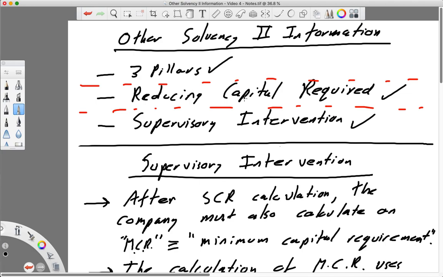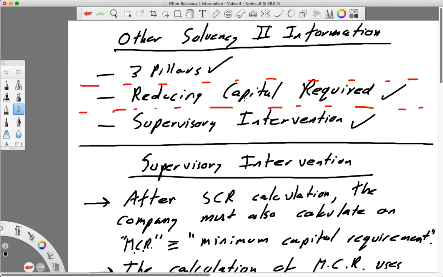But it's used to prevent or discourage companies from selling certain assets when those assets fall in value, and so trying to make sure that insurance company behavior doesn't create or exacerbate a market crash.